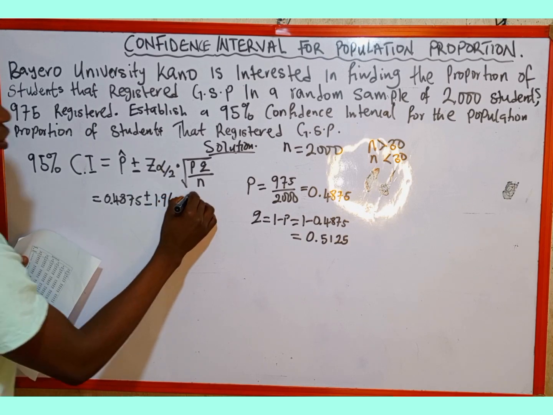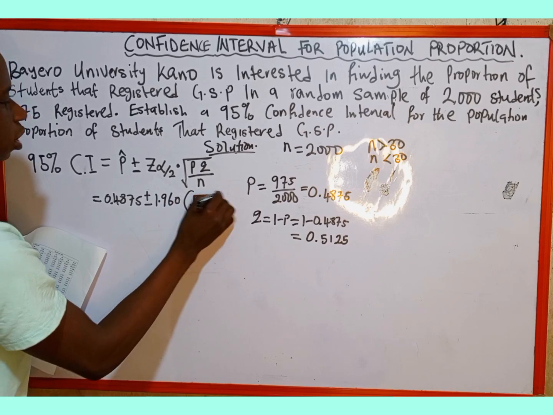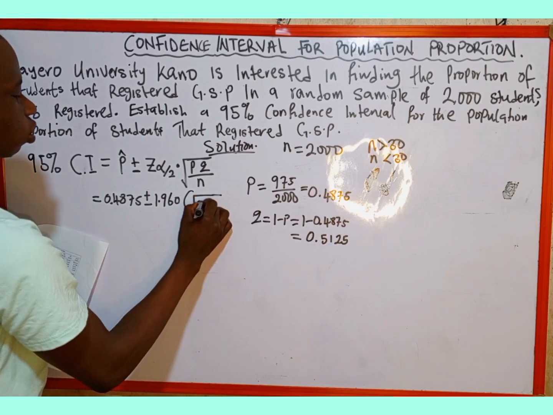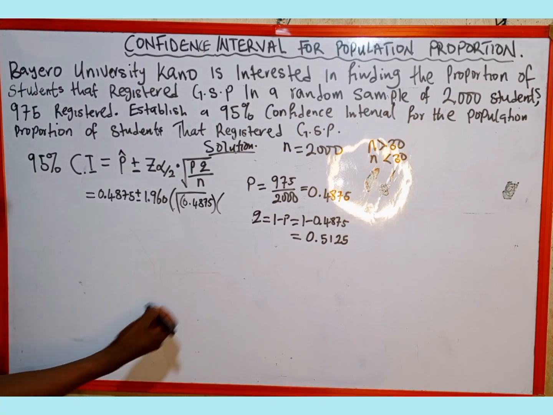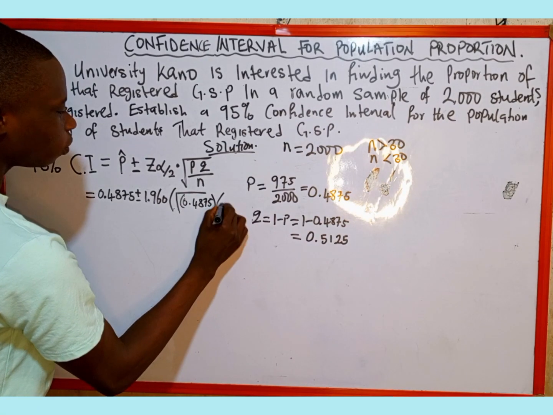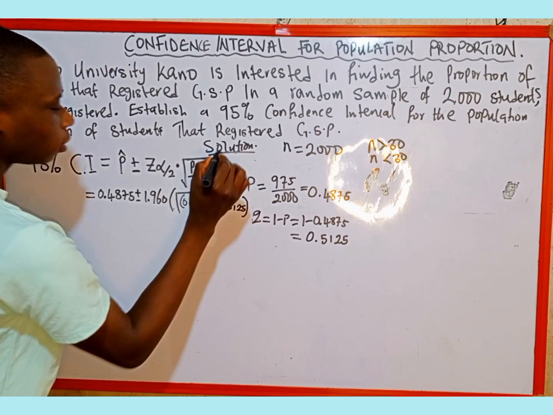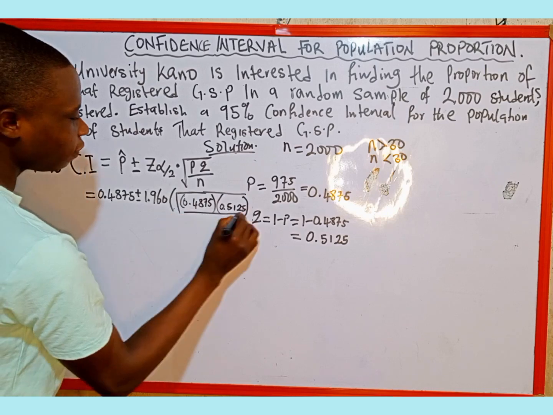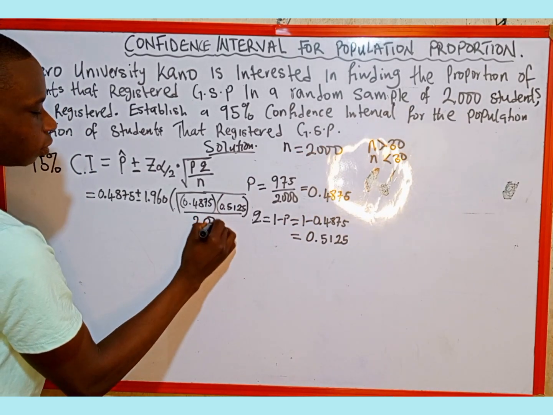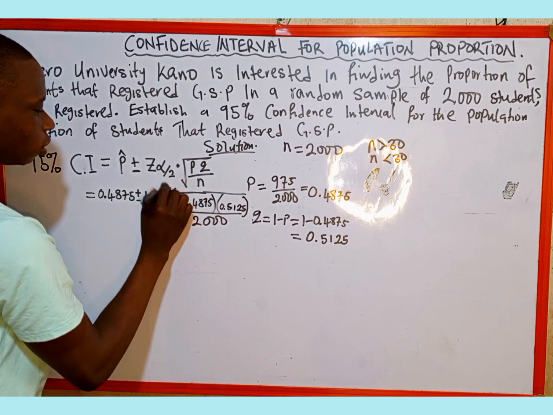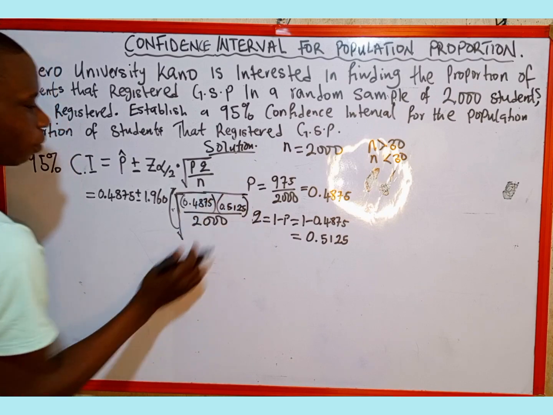Then multiply by the square root of PQ, where P is 0.4875, then multiplied by Q, which is 0.5125. Then everything divided by N, and N from the question is 2,000. The square root covers all the numbers.